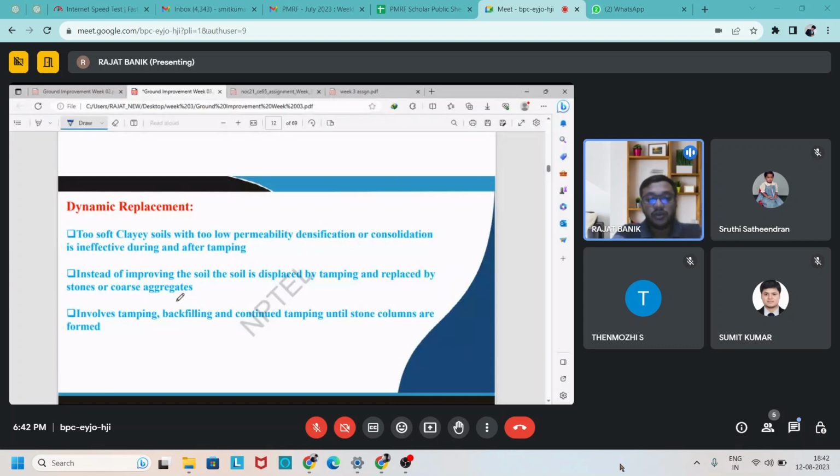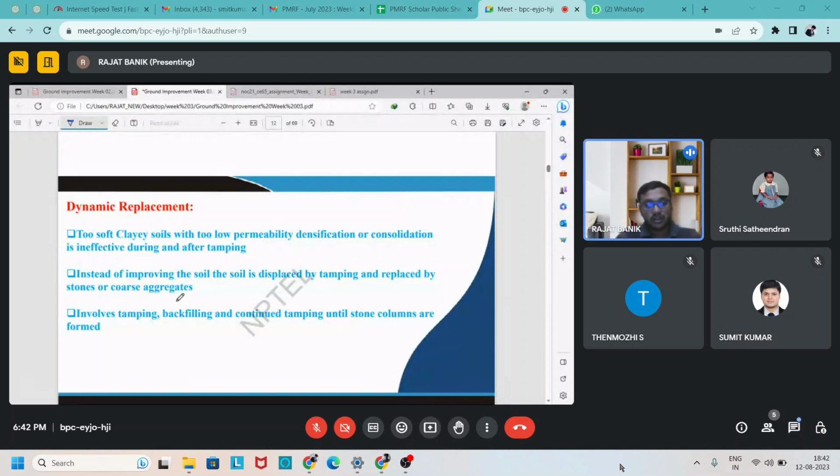Instead of improving, the soil is displaced by the tamping and replaced by stone and coarse aggregate. So it is nothing but replacing the in situ material with some improved or strengthened material like stone and coarse aggregate. That is all that is discussed here.